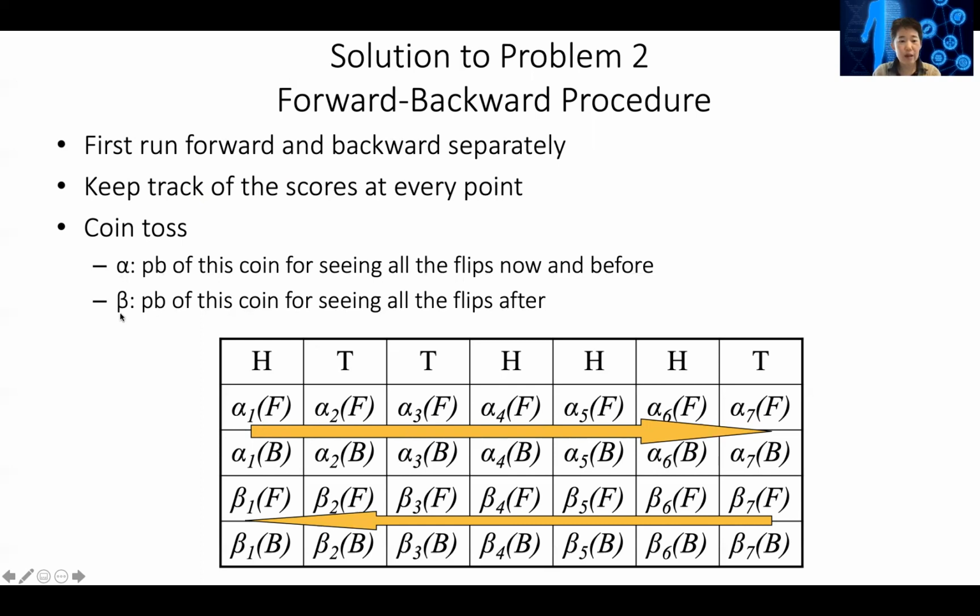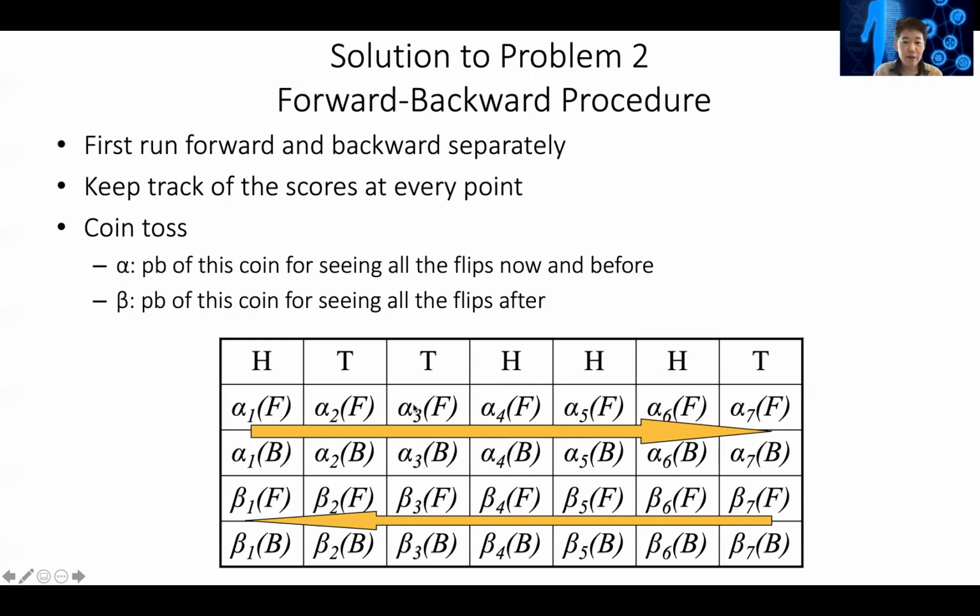And then we also run the backward procedure to calculate the beta numbers. And remember what the beta numbers mean, which is the probability of using this coin in order to see everything after, all the flips after. And so beta 3F is, what's the probability that I can use a fair coin now in order to see HT, the things after that, right?